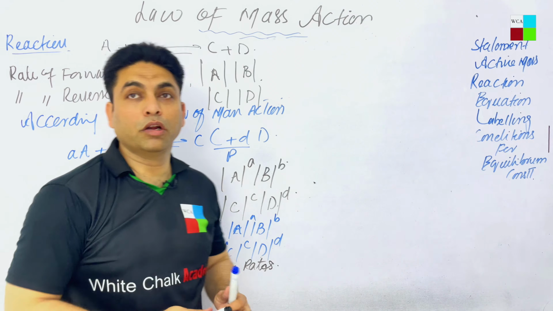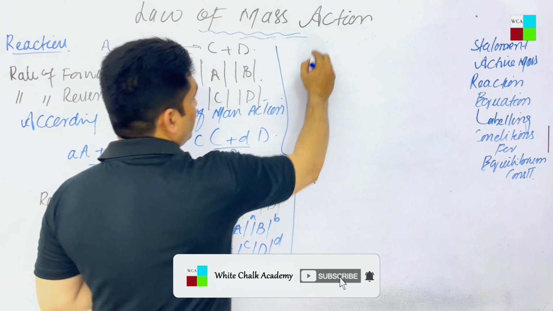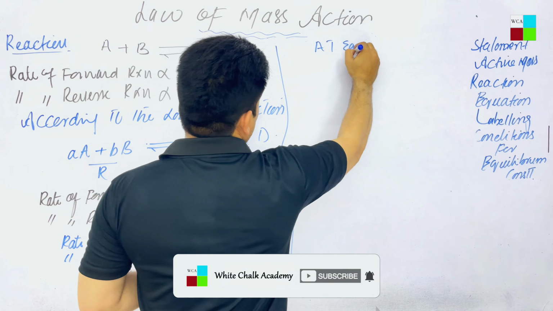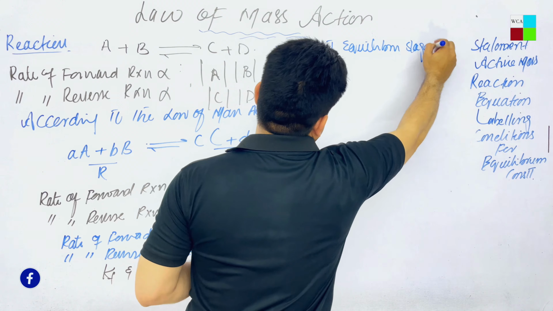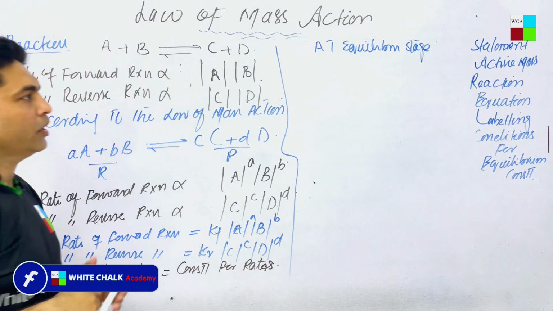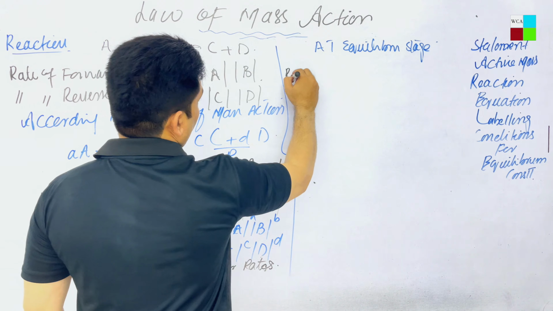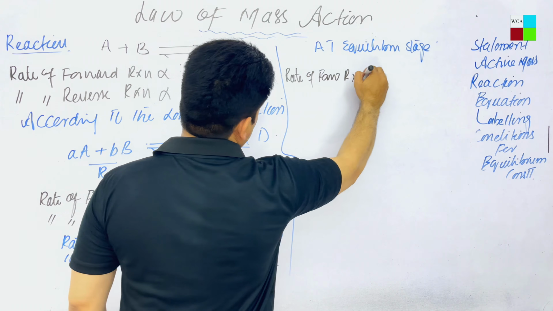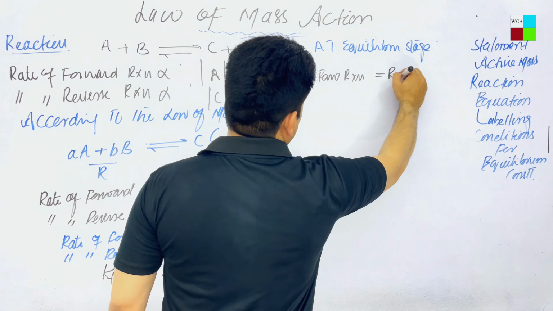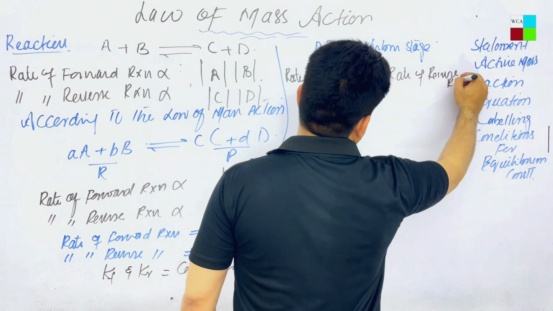Now at equilibrium what will happen? So let's draw a line. At the equilibrium stage, the rate of forward reaction will be equal to the rate of backward reaction. So the rate of forward reaction will be equal to the rate of reverse reaction.